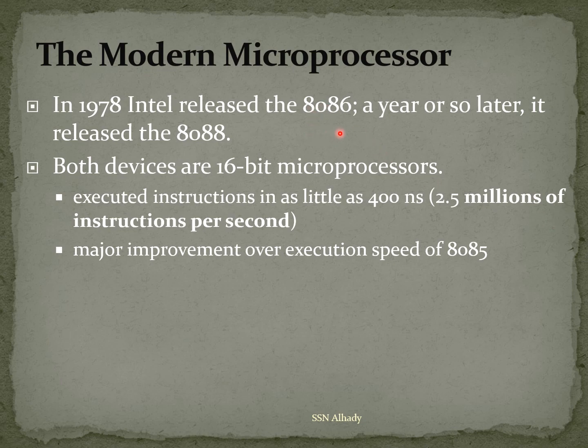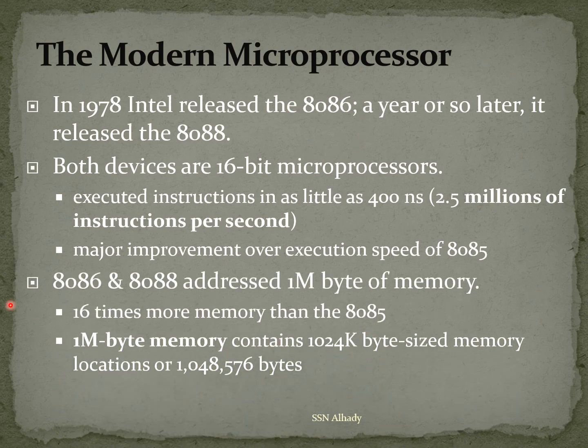Okay, we have the microprocessor development kit in the lab, the 8086. The 8086 and 8088 can address 1 megabyte of memory, 16 times more memory than the 8085. 1 megabyte of memory contains 1024 kbyte memory locations.